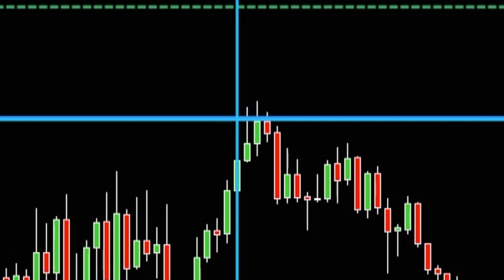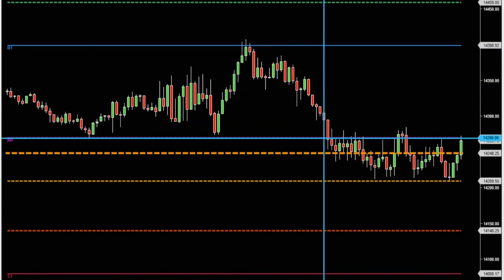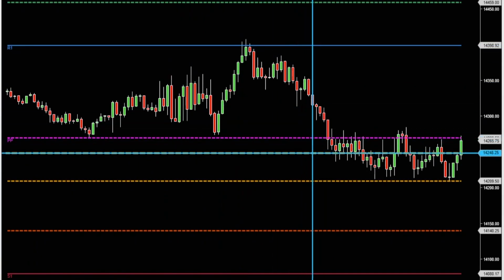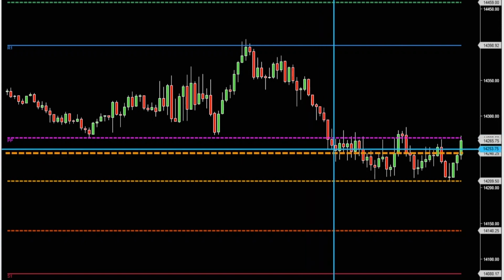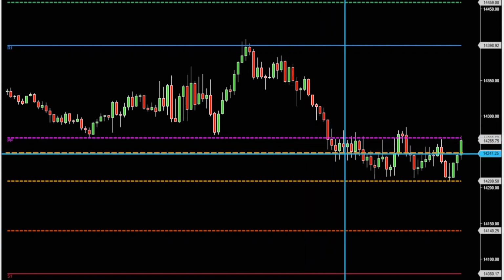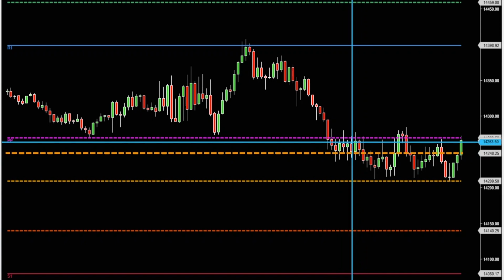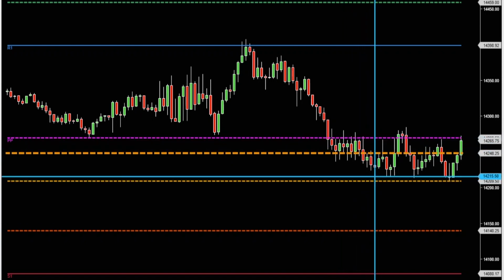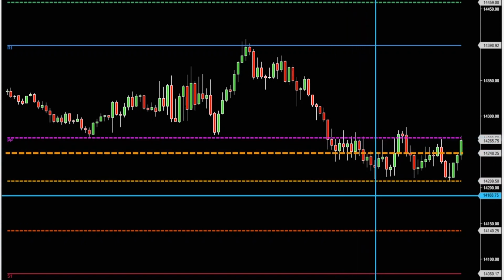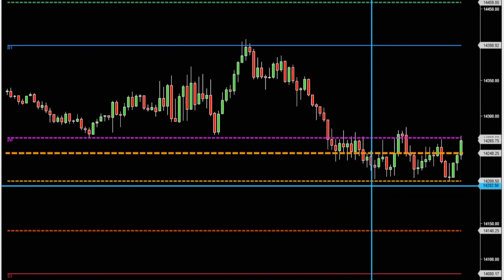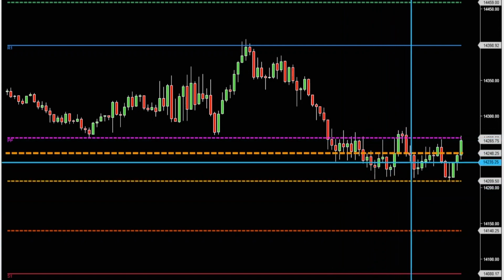R1 stopped it, went all the way back down to the pivot point, and then the overnight open held it up, and it just bounced back and forth between the pivot and the overnight open. We eventually made it back down to yesterday's previous close, and then we chopped in this slightly bigger range.